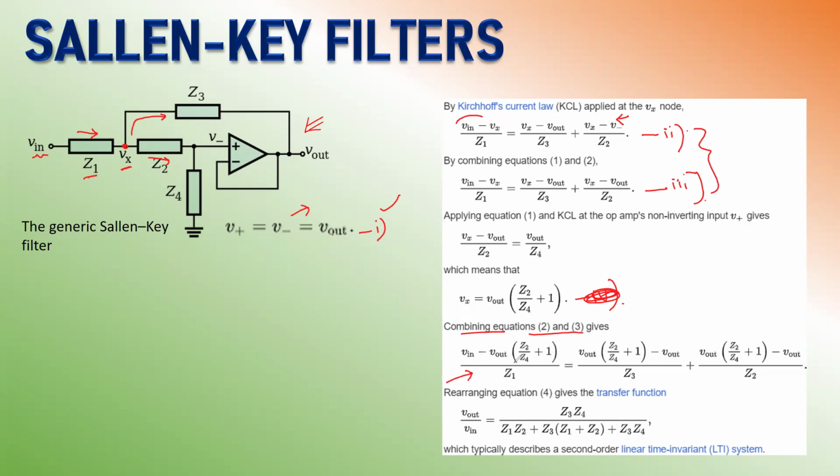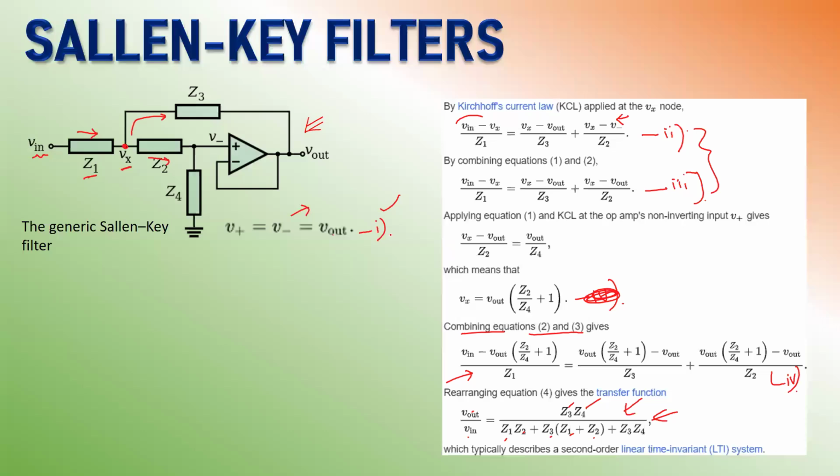After rearranging, let's call it equation 4, we finally get the transfer function Vout over Vin, which is set by merely the impedances Z3, Z4, Z1, Z2, Z3, Z1 plus Z2, Z3. And this is basically a second order linear time invariant system. Okay, so that's how we actually understand it.